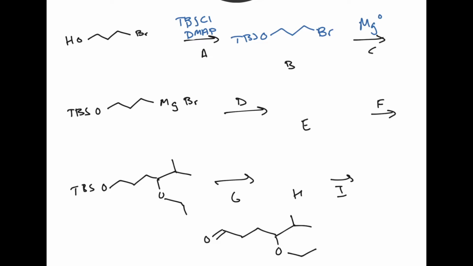All right. So we look at D, E, and F. The tricky part here is I have this ether, right? There's no way you can add a Grignard reagent to something and have it spit out an ether. But how do you know how to make ethers?